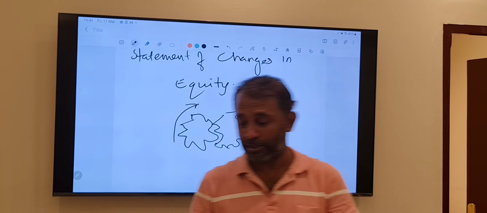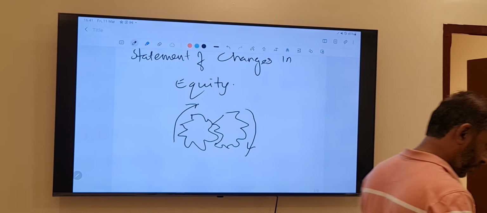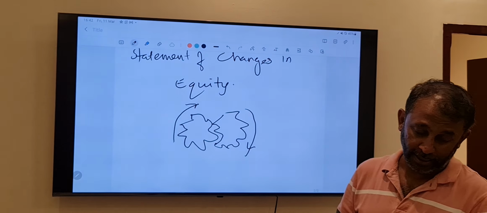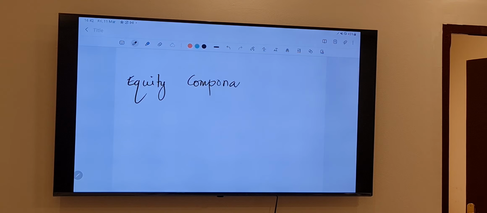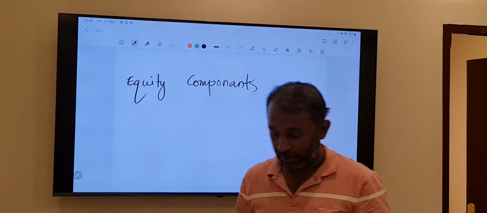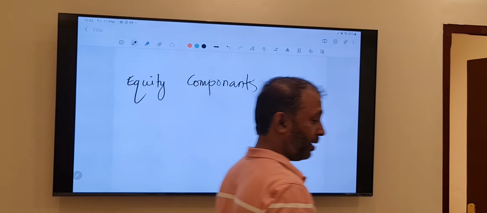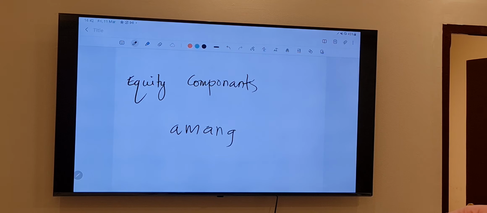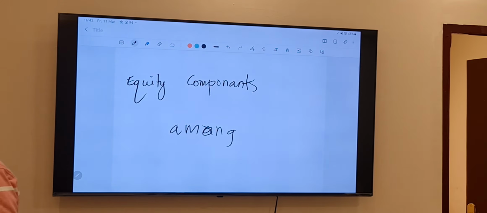Anyway, what is the statement of changes in equity? You can write it down: the net movement of equity components among the owner's capital.